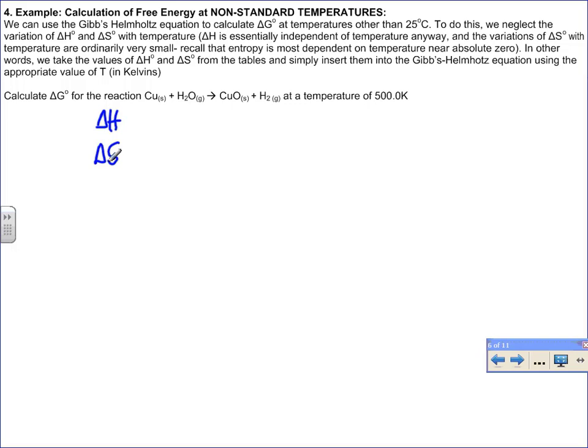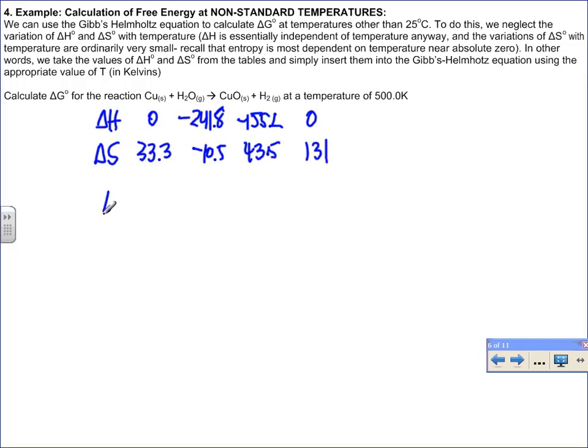We need our delta H values and our entropy values from tables, so I'll just make a list here. So as expected for copper, the change in enthalpy is 0 because it's an element. Okay, and same for hydrogen. Okay, elements do have an entropy at a particular temperature.